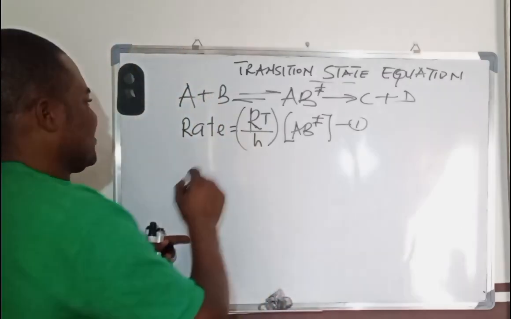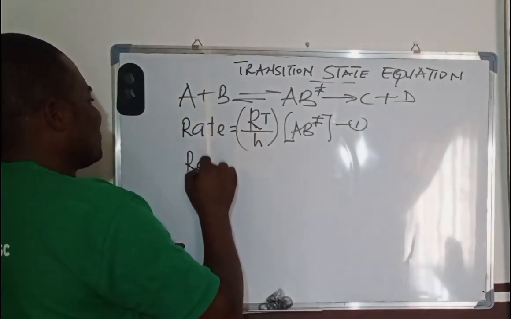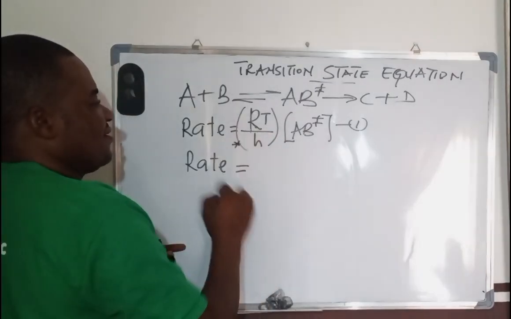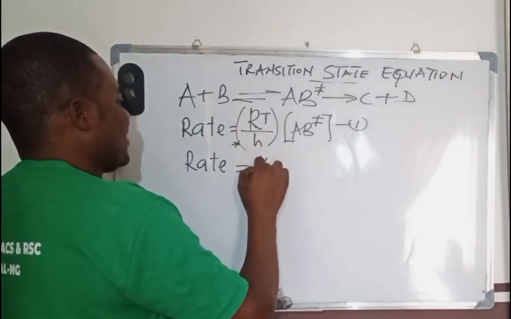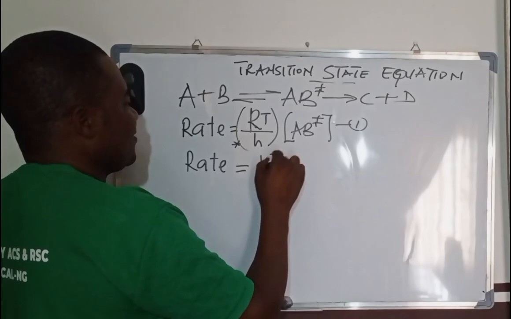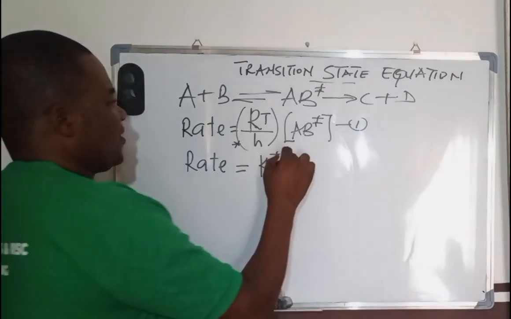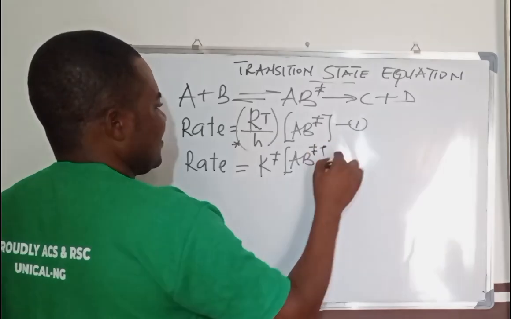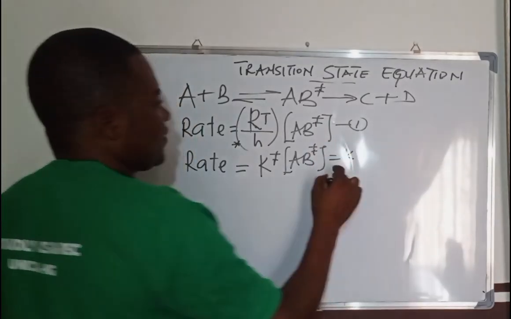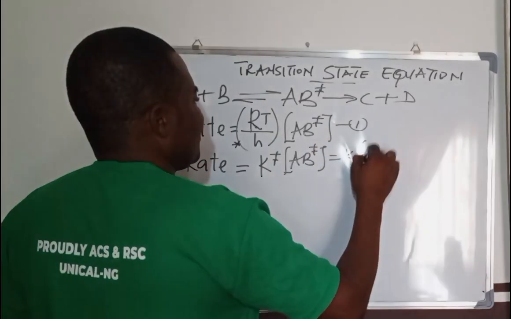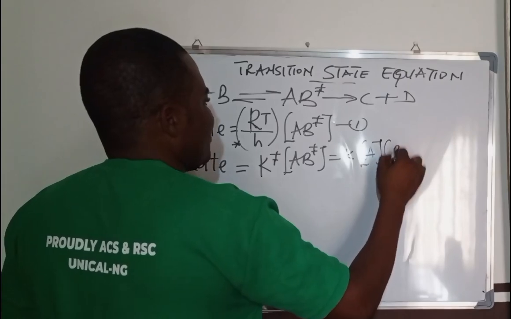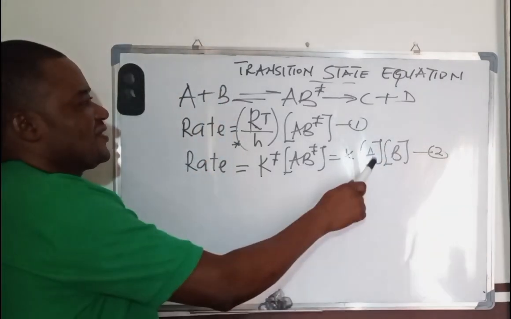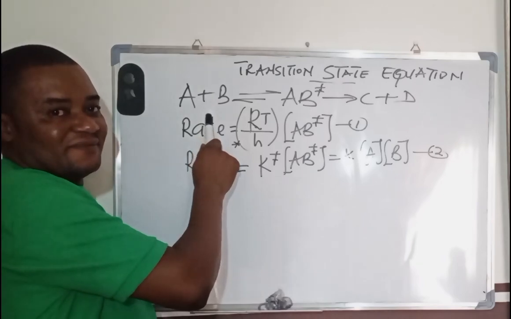So we can equate this by simply saying that rate is also given, let us keep this pending, as K, okay, which is for the quasi-equilibrium, AB, is equal to K, which is for the normal equilibrium, of A and B, which of course you know is your reactant.